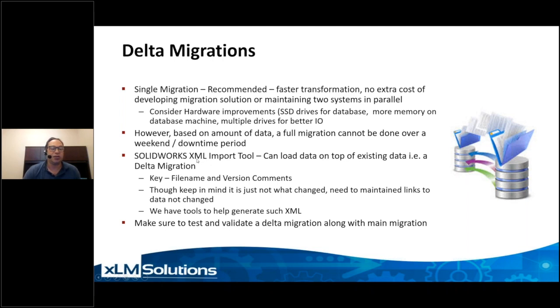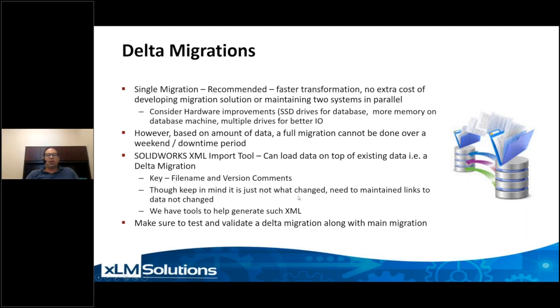And you could use that second XML file as is to load the data, or what we do is we have tools to compare the original XML file to the new XML file and only keep what's changed in it, which reduces the size of the XML file significantly, and use that for the delta migration.